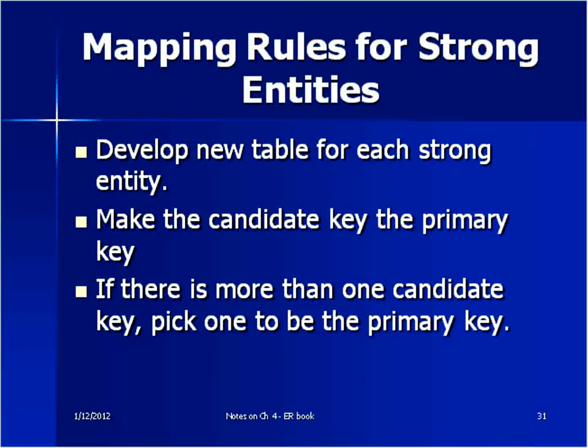So in this chapter, the one thing that we talked about was what is an entity, how to determine what's going to be an entity. Well, anything that we want to store information about is an entity. An entity maps to a new table. So the first rule is develop a new table for each strong entity.